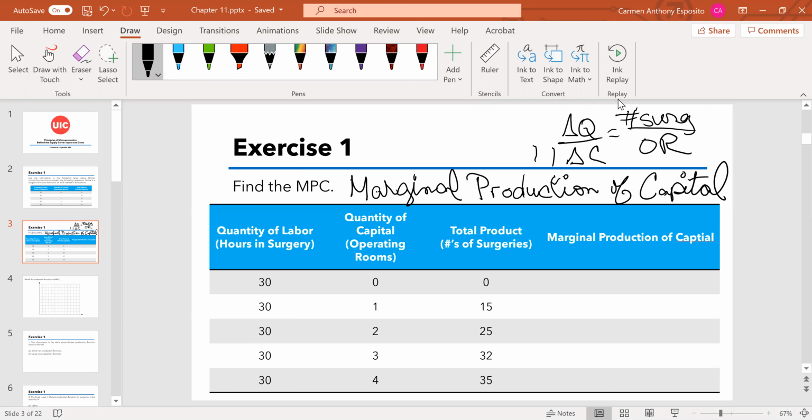Well, there's no prior information, and so we're going to put a little dash line here because there really is no marginal production of capital. But now if you start at 1 operating room, what is the change between 0 and 1? It's 1. And the change between 0 to 15 is 15. And so here we get 15. But it's 15 surgeries per operating room.